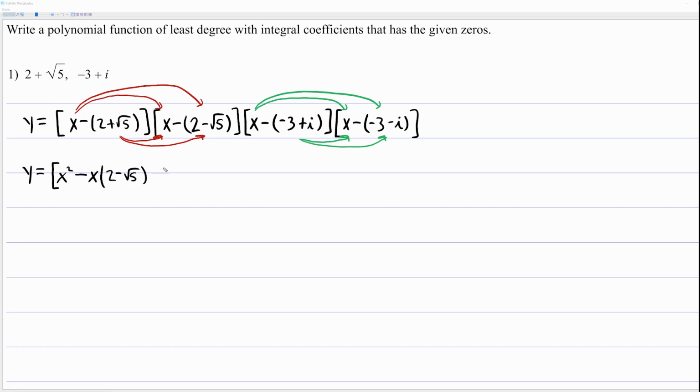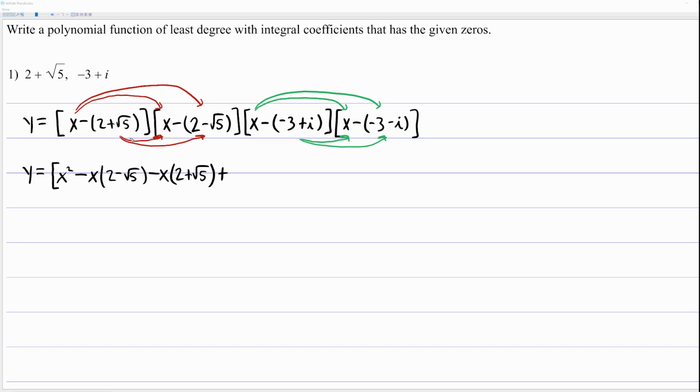Don't try to distribute in your head. In fact, at the next step, I don't think I'm going to distribute at all. Now, go to the bottom arrows. We have negative x times this 0. So it's negative x times (2 plus root 5). And now for the last arrow, negative times negative. This is going to be positive.